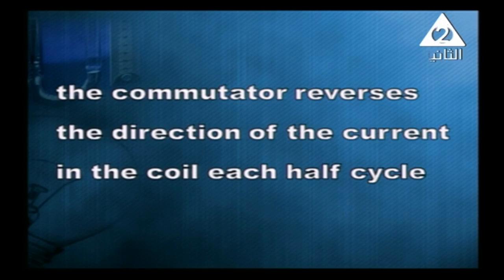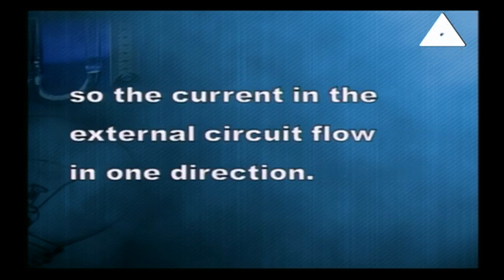So it reverses the direction of the current twice a cycle. Once again, the commutator reverses the direction of the current in the coil each half cycle, so the current in the external circuit flows in one direction.